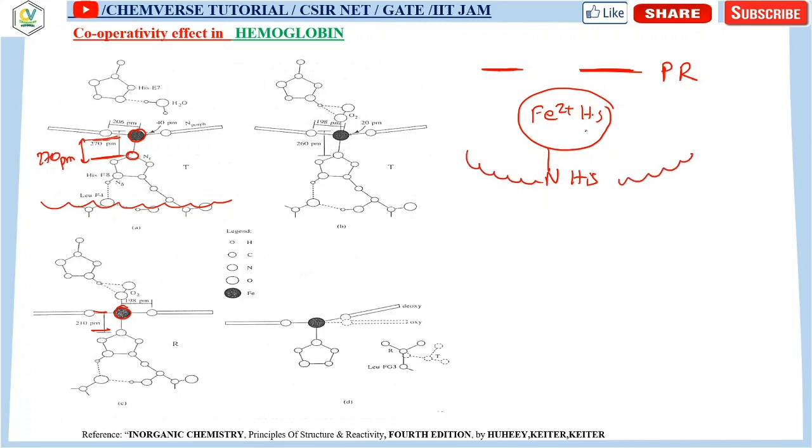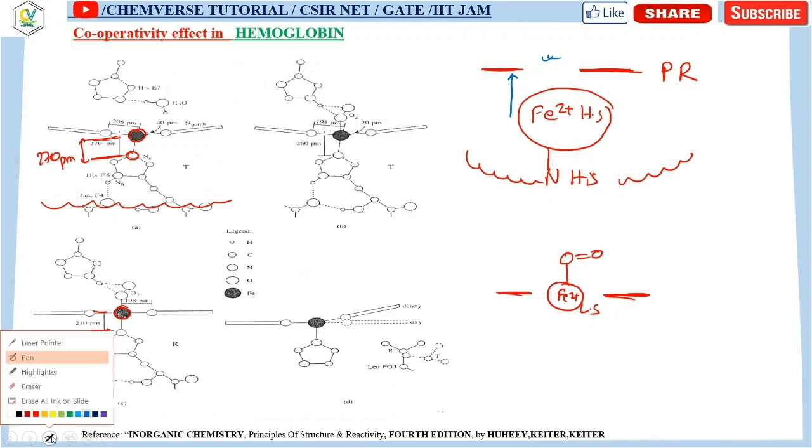Now when the size of this iron 2 plus center decreases upon binding with the dioxygen, suppose it now binds with the dioxygen and its size decreases to this one, and it is now present in low spin. It is already bound with the dioxygen. Now this iron 2 plus is to some extent shifted upward to fit into the cavity of the porphyrin ring.